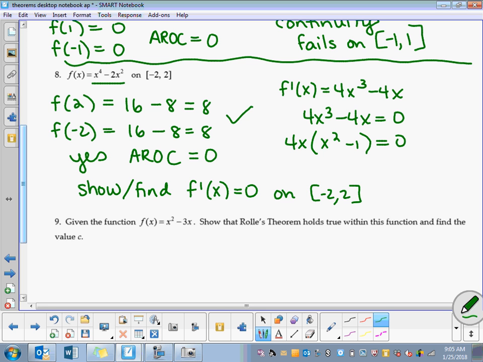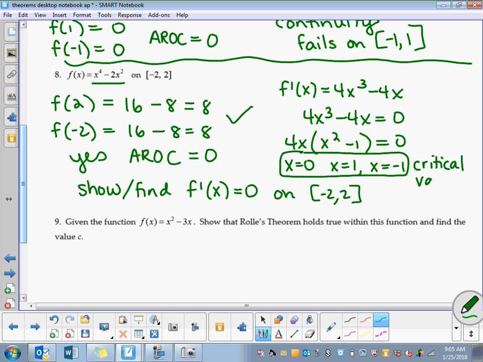And we've got multiple places, multiple solutions. x equals 0, x equals 1, x equals negative 1. At all 3 of those places, f prime of x equals 0.